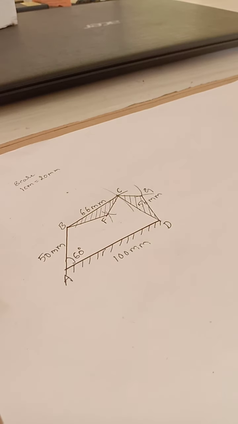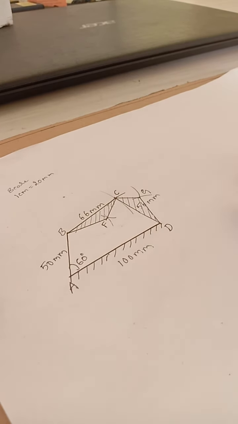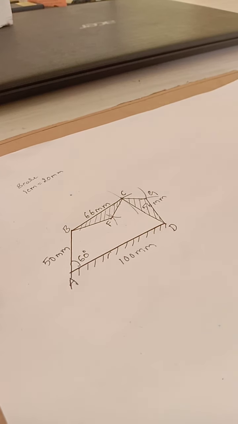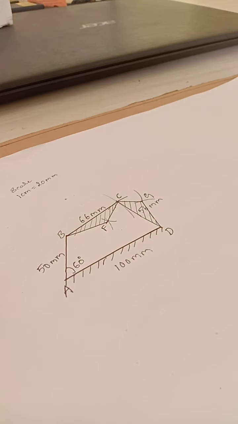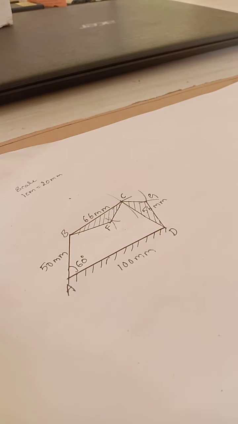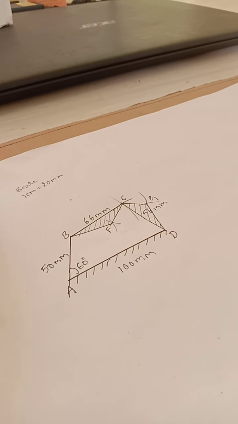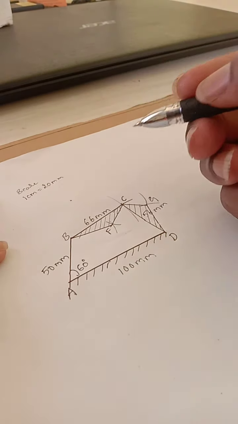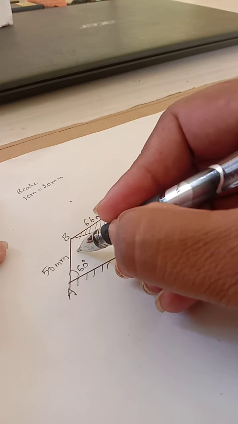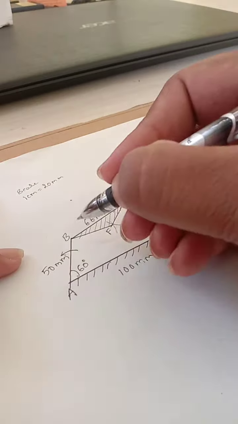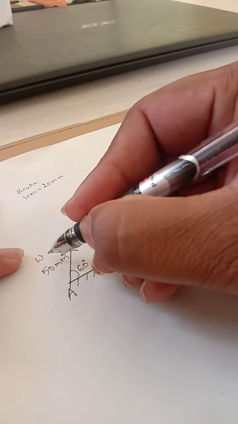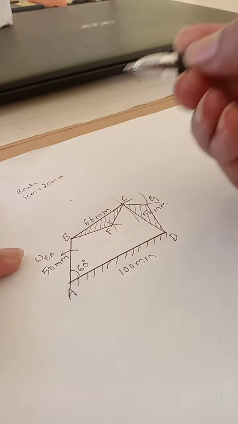Now my configuration diagram, or displacement diagram, is ready. My aim is to draw the velocity diagram. For that, what am I supposed to do? See here, in the problem the omega BA is given.